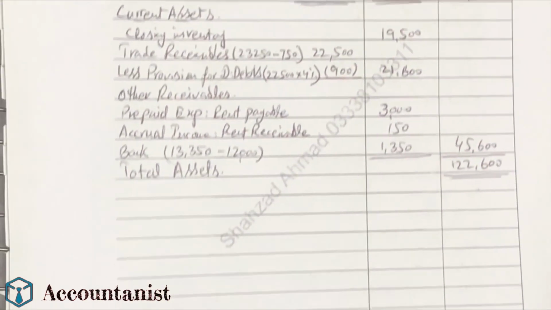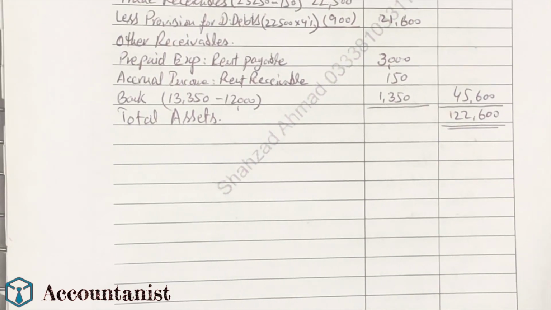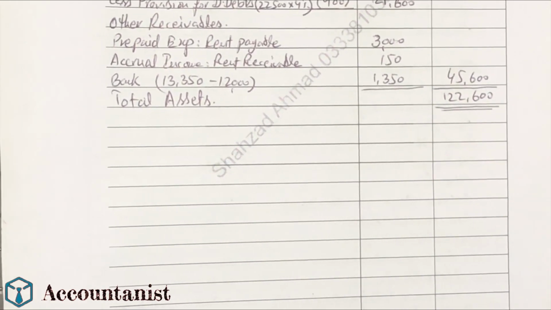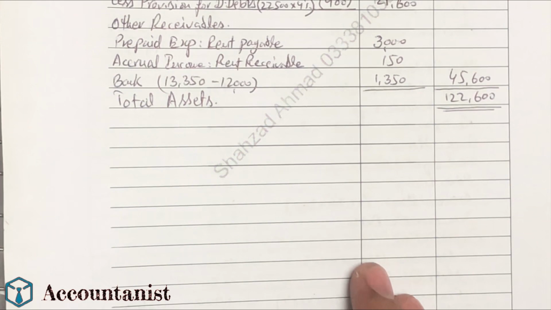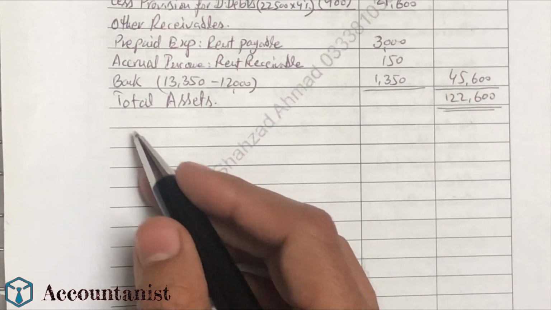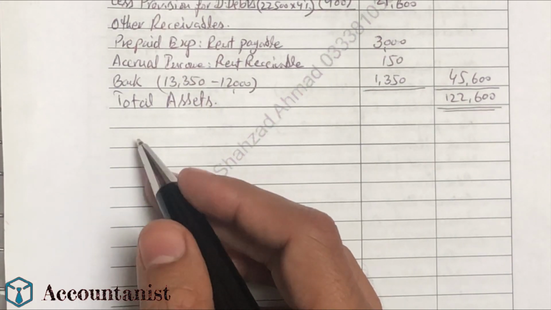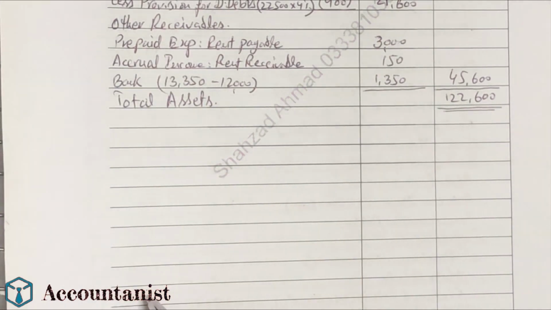After this section, we need to make the non-current liabilities and liabilities section. In some formats, they may mention the equity section, meaning the capital section, before the liabilities section.